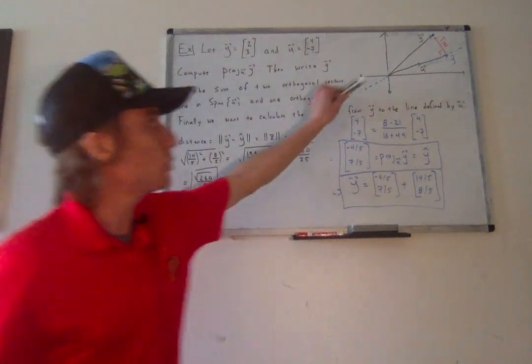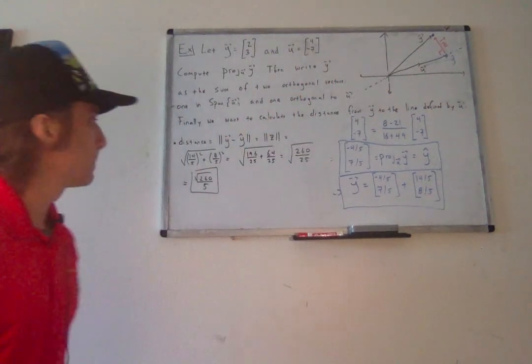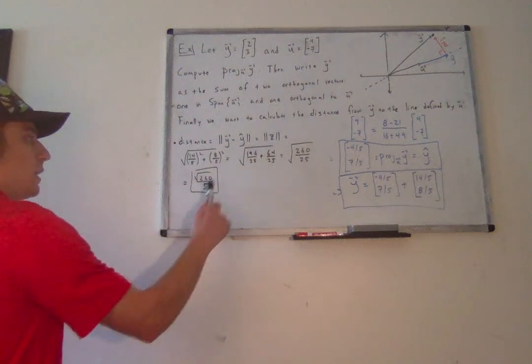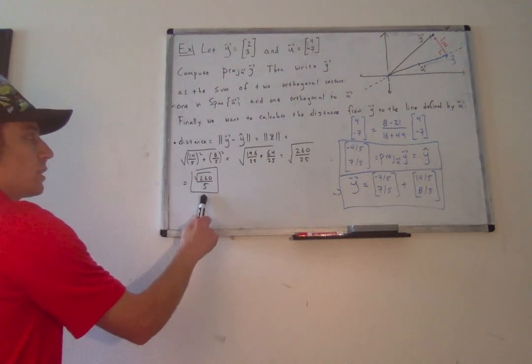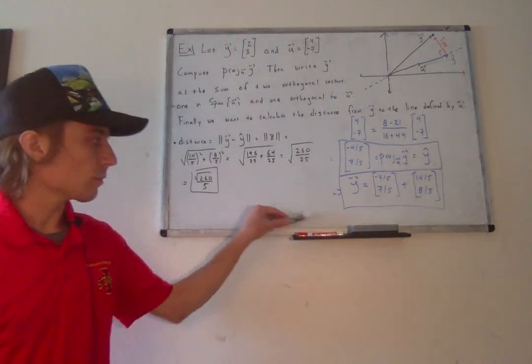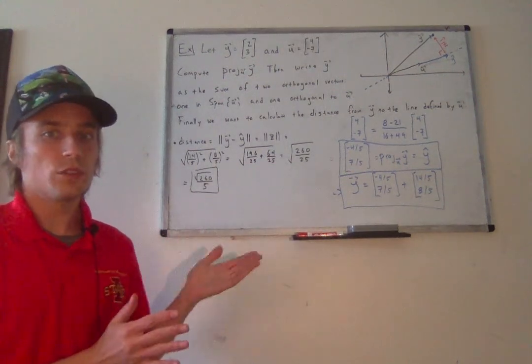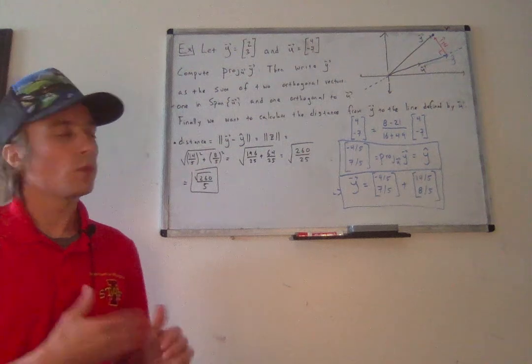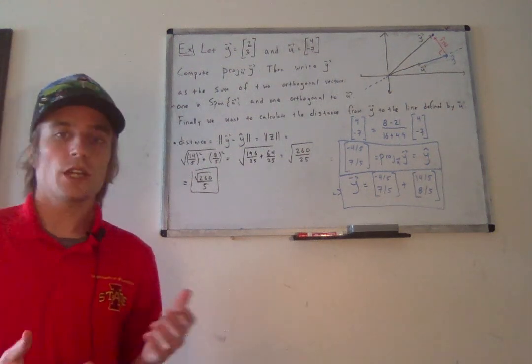Specifically, y is equal to y hat plus z. And then the length of z actually gives the shortest distance from y to the line defined by u. And we can do it all using this sort of idea of orthogonal vectors and orthogonal projections.